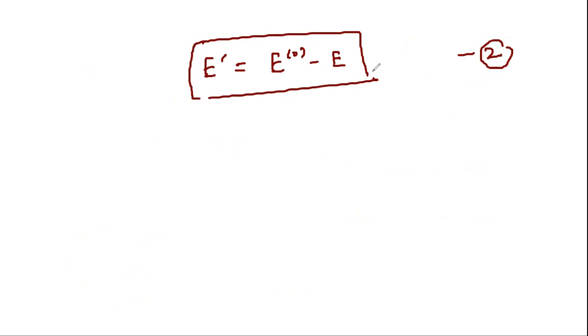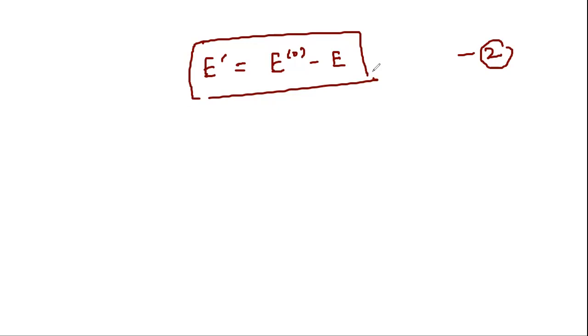If the energy of the system A is E or near E, then we can write the energy of A prime as E naught minus E. Now the number of states accessible to the entire system A naught can thus be regarded as a function of a single parameter, that is energy E of the system A, right?